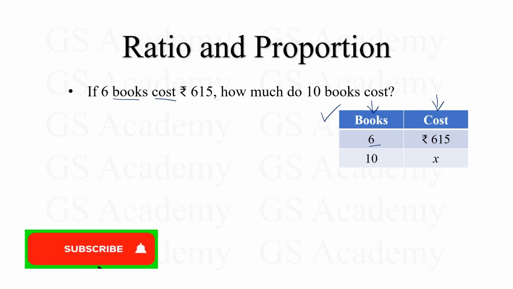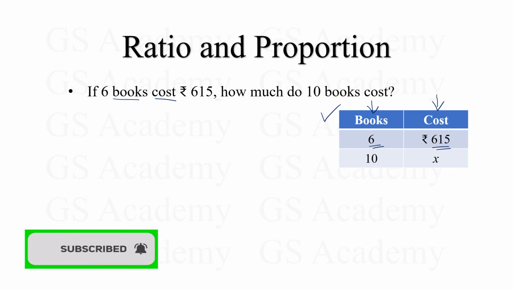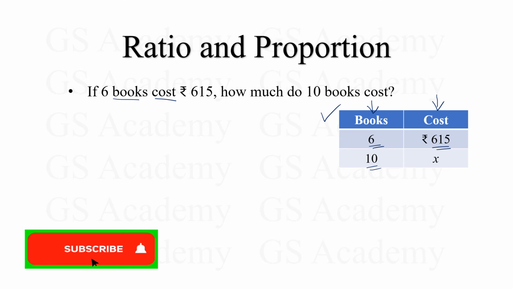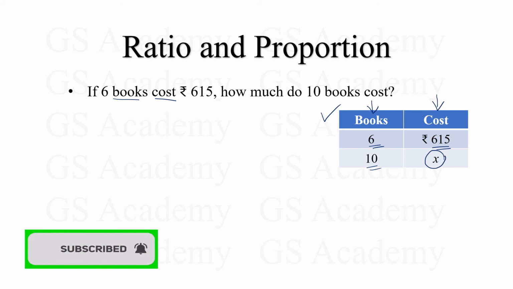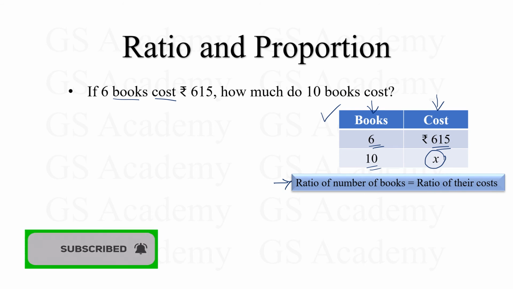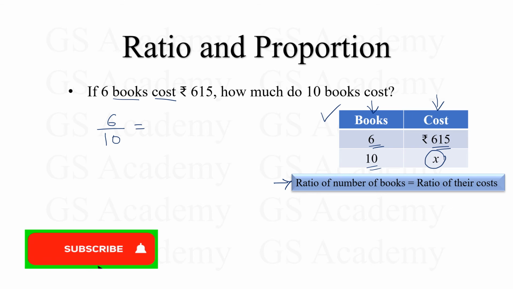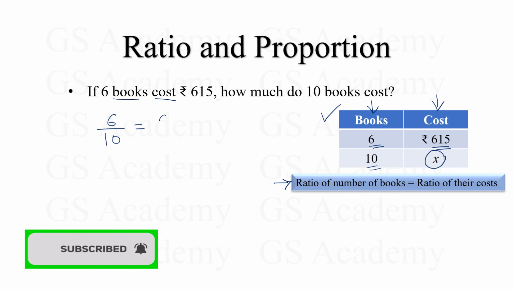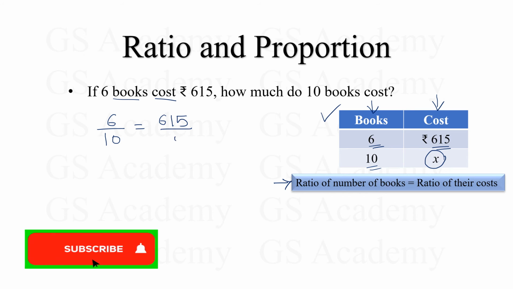So 6 books cost 615 and 10 books cost, we will consider the value as X here. So we will use the same formula: ratio of number of books is equal to ratio of their cost. So ratio of books will be 6 upon 10 is equal to ratio of their cost, 615 upon X.